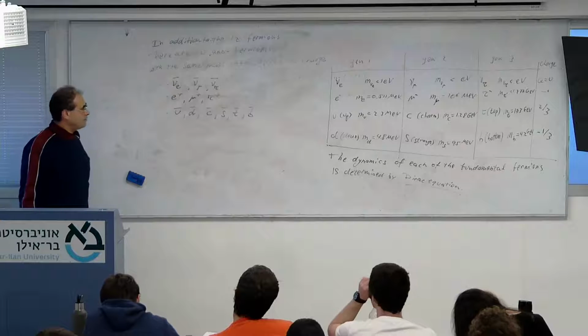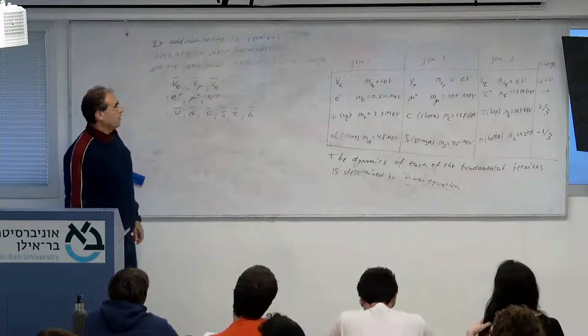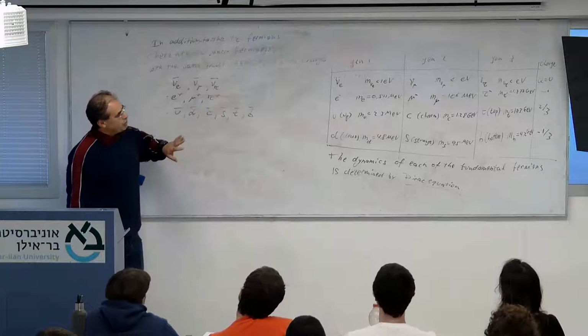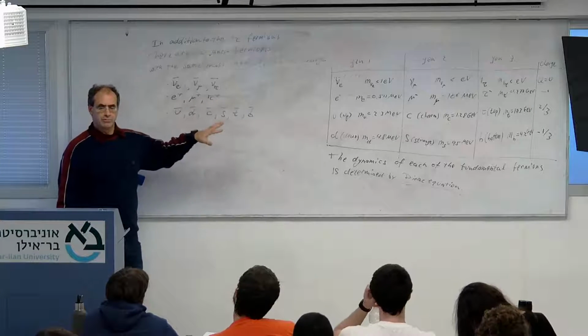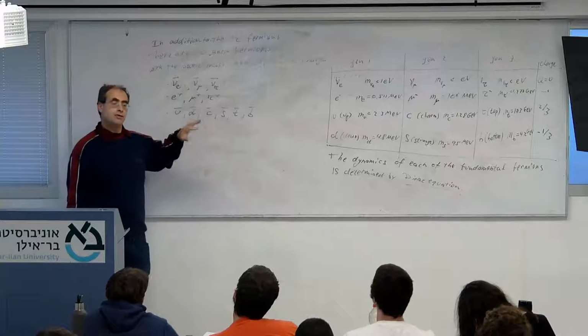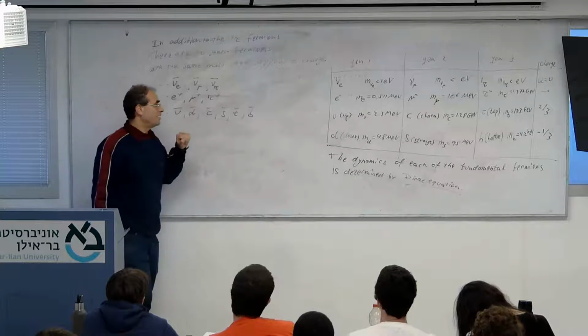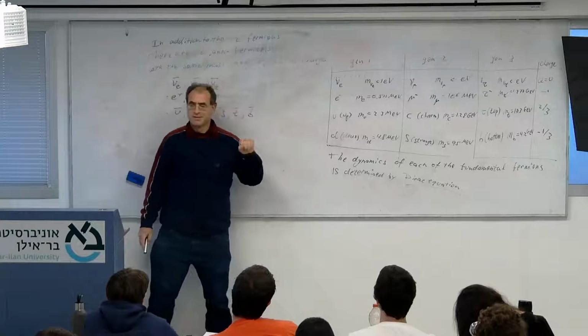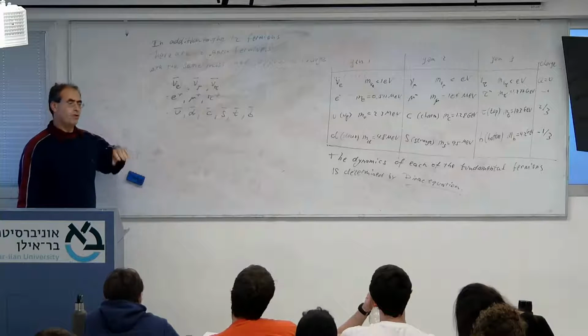And just one comment, as you'll see in a few minutes: when we say charge, we often think of electric charge. But there are other charges, such as the weak charge and the strong charge. So all these antiparticles carry anti-charges.